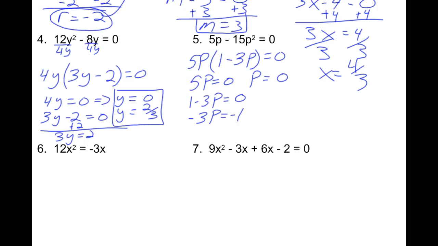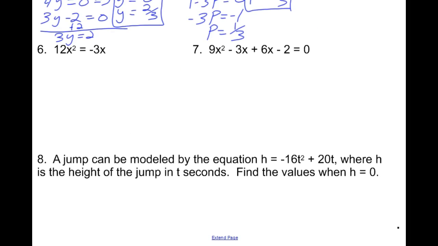Divide both sides by a negative 3, and I get p equals 1/3. So I have 0 or 1/3. And hopefully I'm not making any mistakes. I don't have you guys to tell me if I made a mistake yet or not.